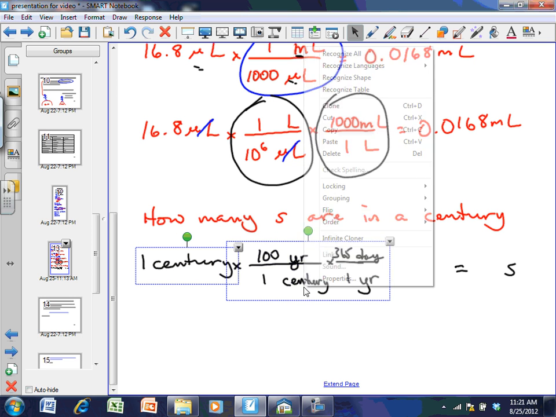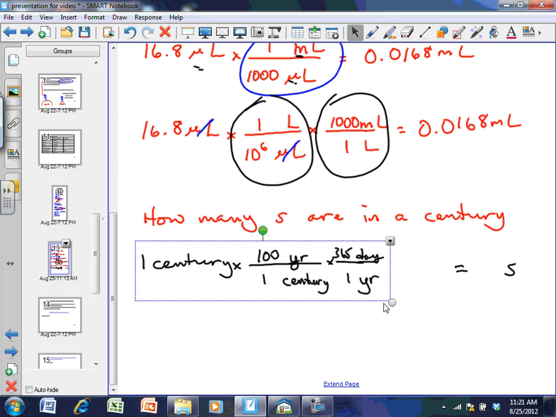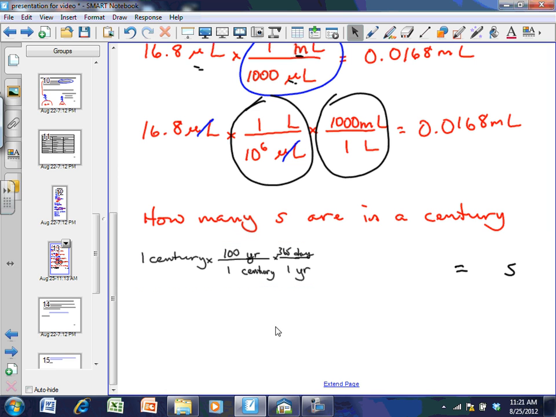Let me shrink this down because I'm running out of space here. Now I've got to get rid of days. Do I know how many seconds there are in a day? Well, I do, but you probably don't. But you definitely know how many hours are in a day. There's 24 hours in a day.